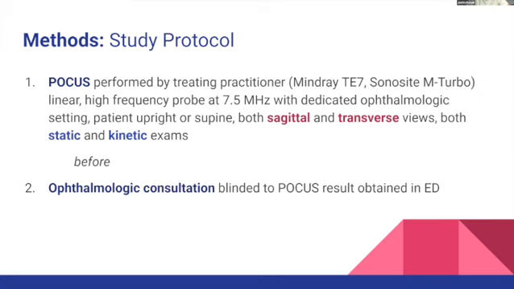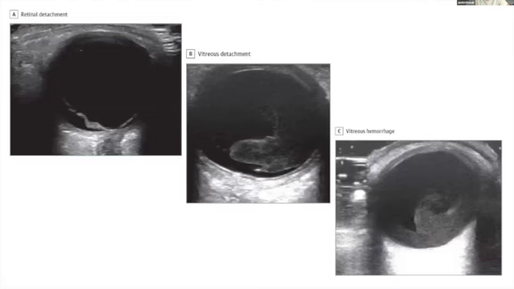Static is where the patient holds their eye still and you are fanning the ultrasound probe through the eye, versus kinetic, where the probe stays still and the patient is asked to move their eye. Then the patients all had ophthalmology consultation, and they were blinded to the results obtained by the POCUS in the ED.